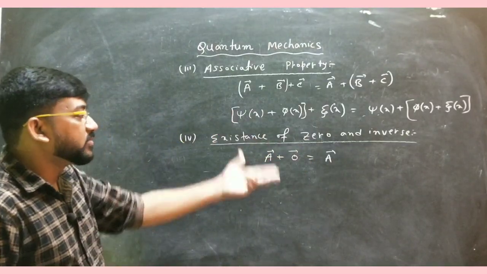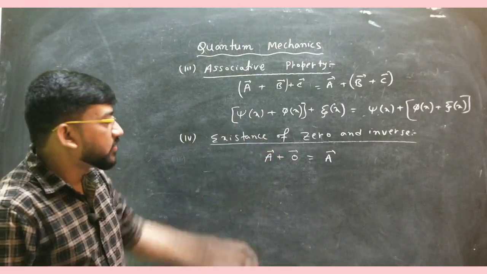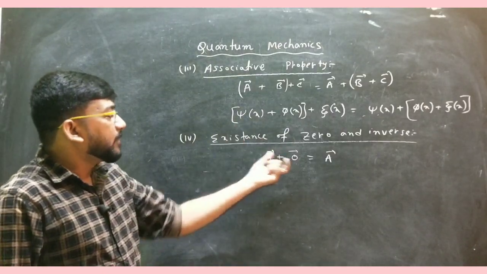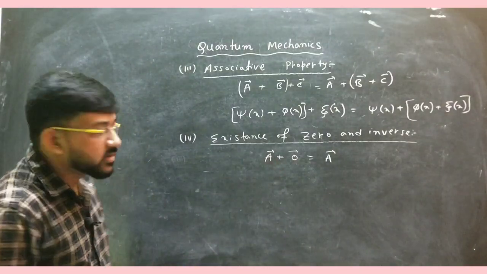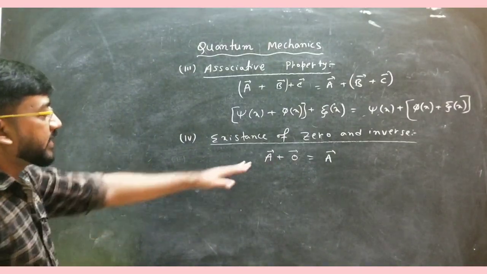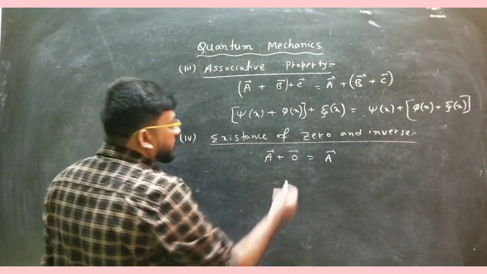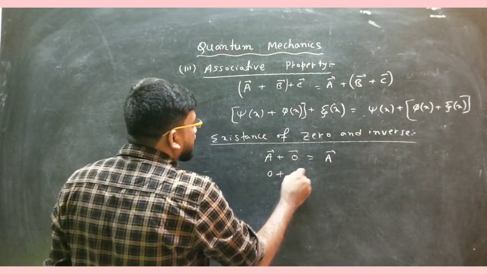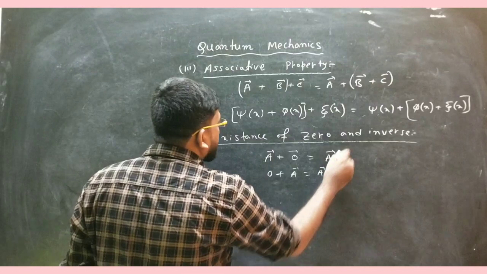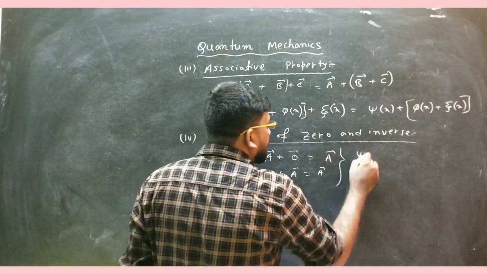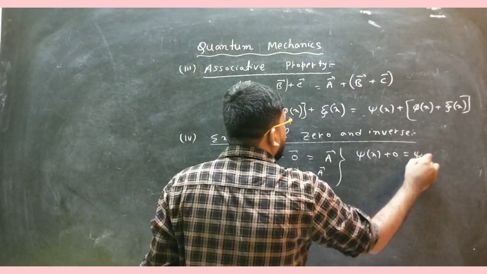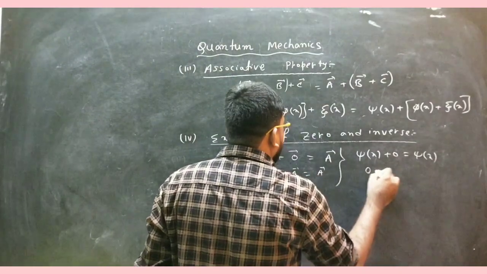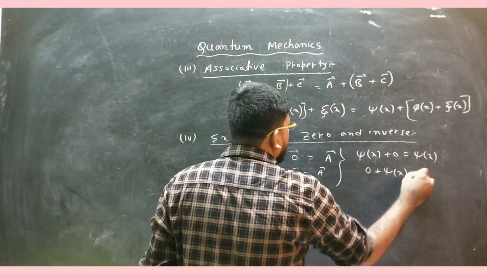It does not matter which side you add it, so 0 plus A is also equal to A. Similarly, psi of x plus 0 equals psi of x, or 0 plus psi of x is also equal to psi of x.